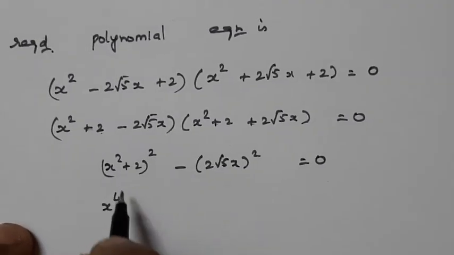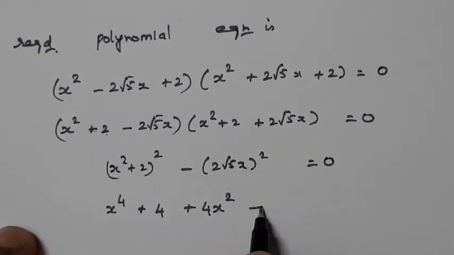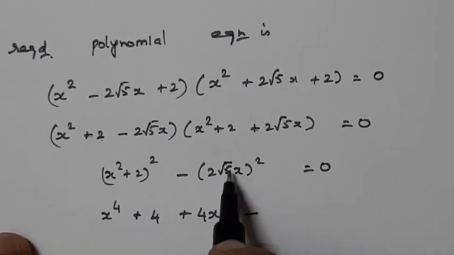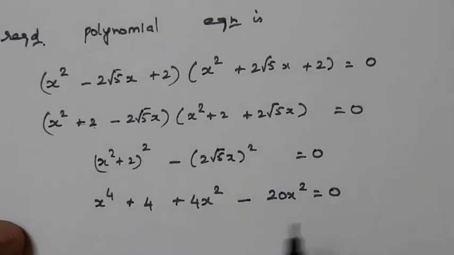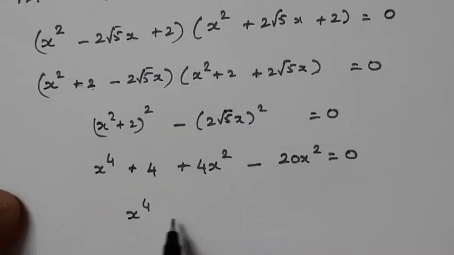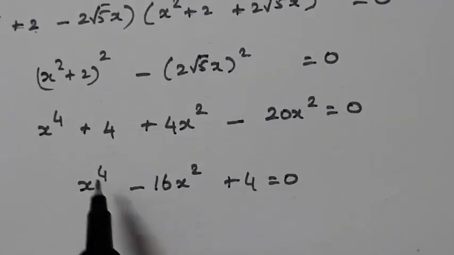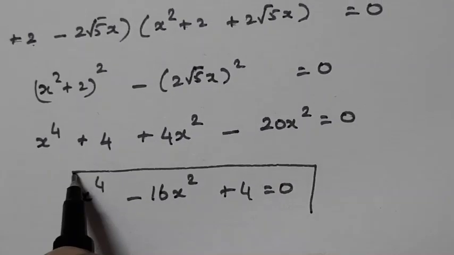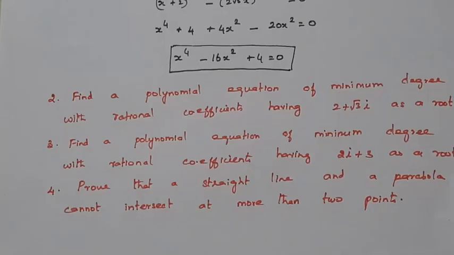So expanding this, it will be x power 4 plus 4x squared plus 4, minus 2 squared is 4, root 5 squared is 5, 4 fives are 20, 20x squared is equal to 0. So x power 4 minus 16x squared plus 4 is equal to 0 is the required polynomial equation. So we got the polynomial.